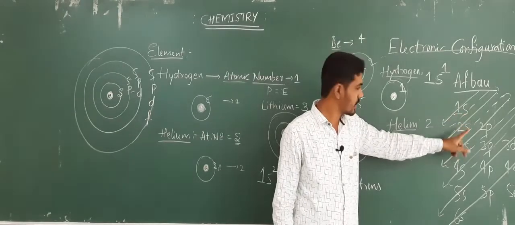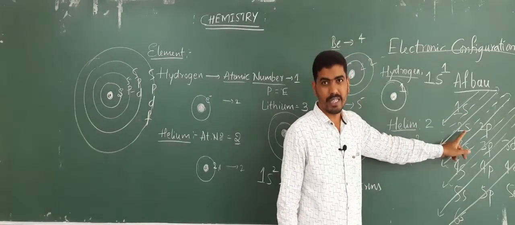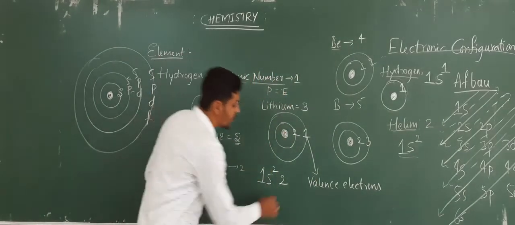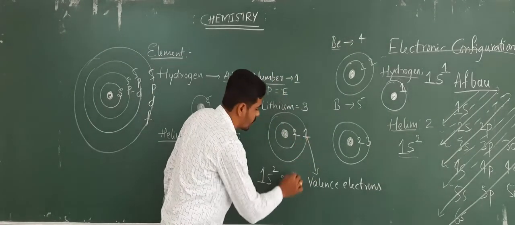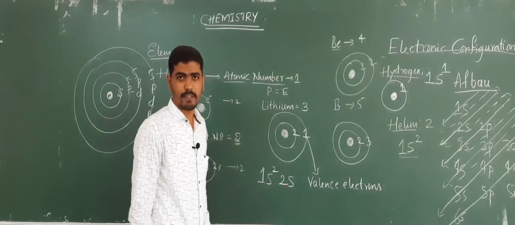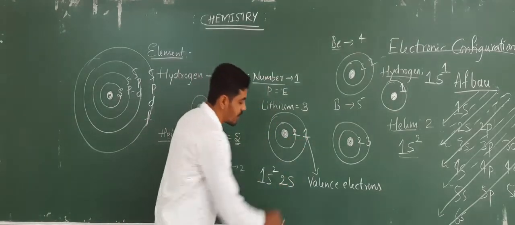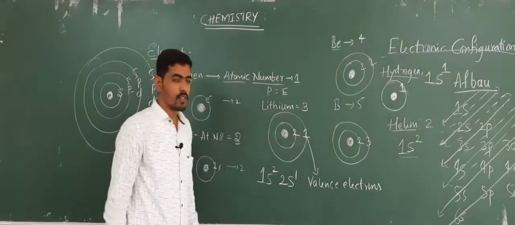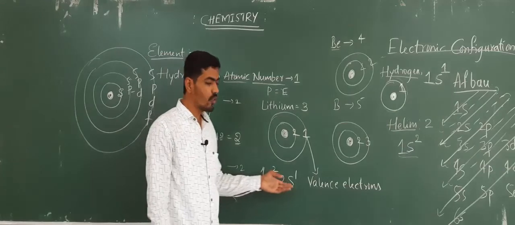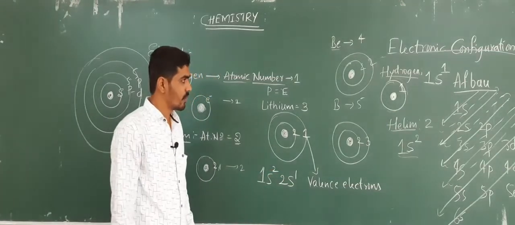After 1s, it moves to 2s, and hence the next electron will be filled in this. The first electron will be filled in 2s, okay. How many electrons are there? 1. So the electronic configuration of lithium will be 1s2 2s1, okay.